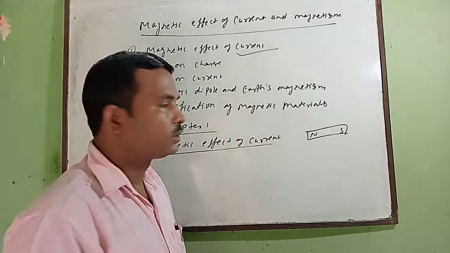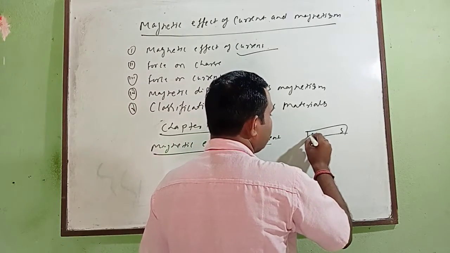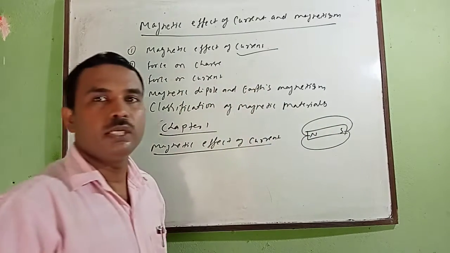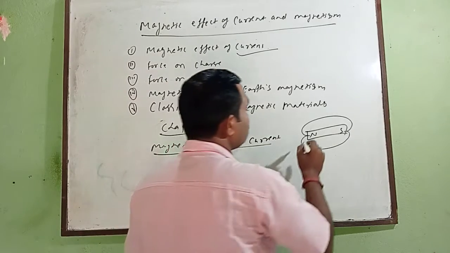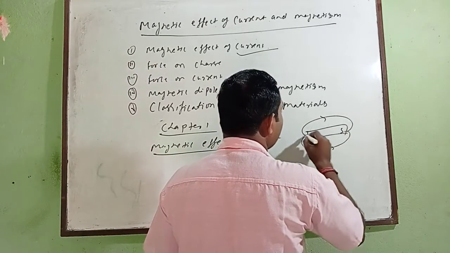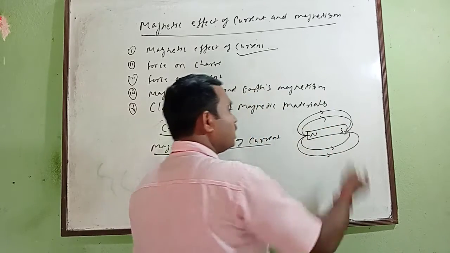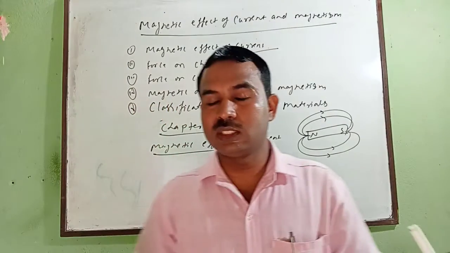Very good. If you see the direction of magnetic field lines, it moves like that. It forms a closed continuous loop from the north pole to the south pole, and these lines will never intersect. Is it clear?